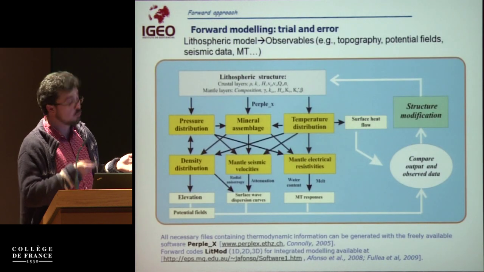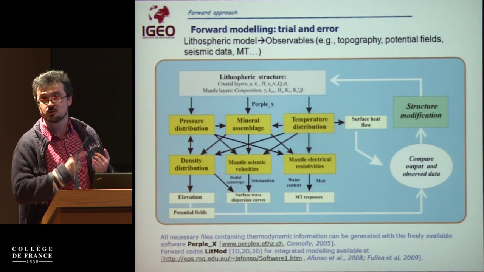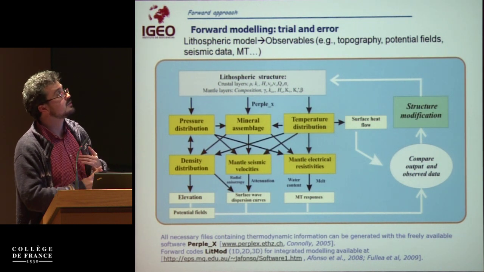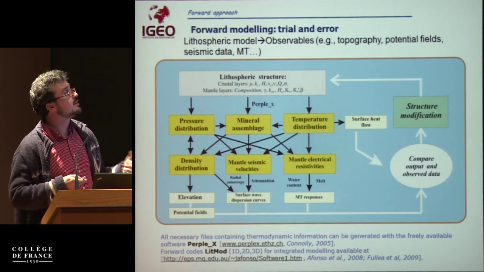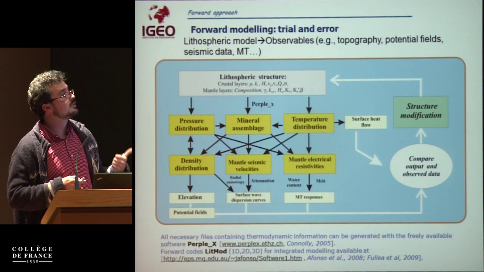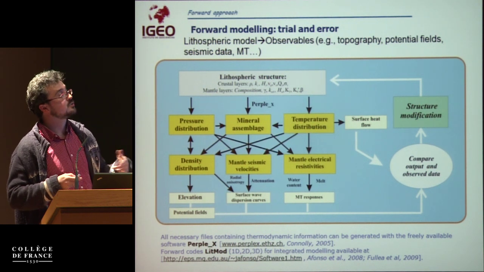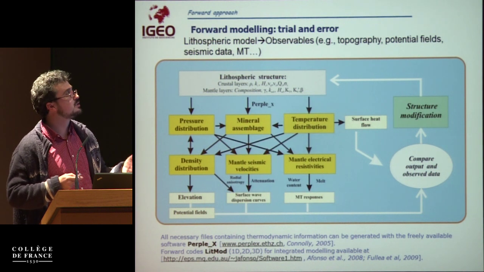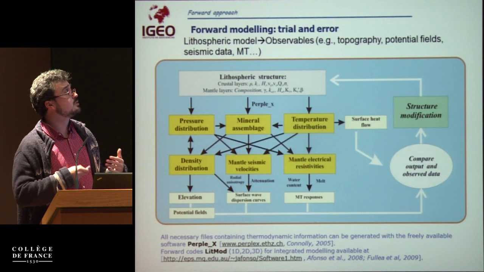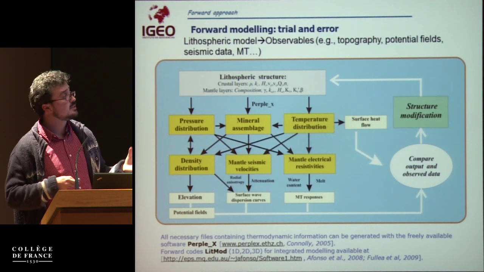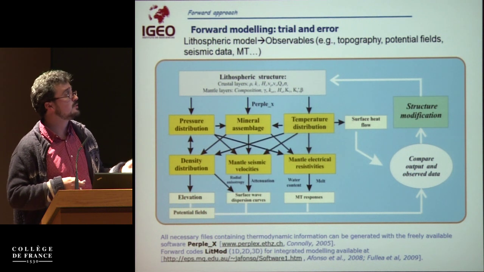This is how a typical forward model works. So you start by defining lithospheric structure, then that means assuming some geometries, physical properties, thermal conductivities, composition, etc. First thing, you have to solve a temperature field. Once you know that, next step, solve the mineral equilibria equations, compute mineral assemblages and properties of the phases. Once you have that, you can compute bulk properties, like bulk density, bulk elastic seismic velocities, or electrical resistivities.